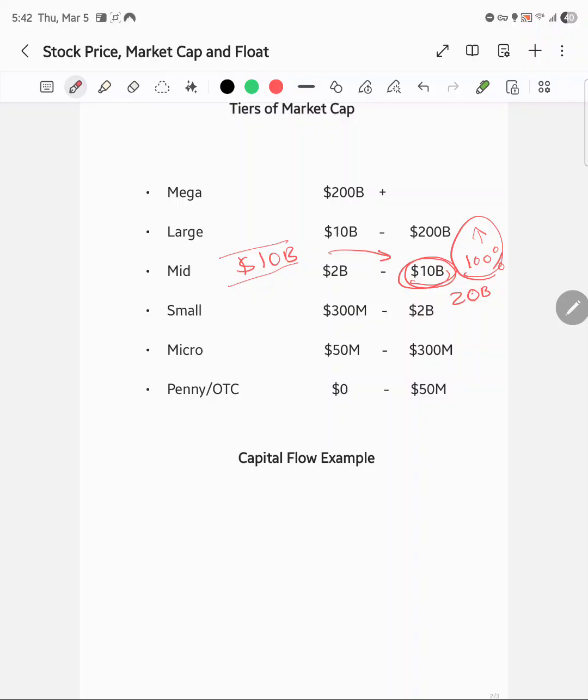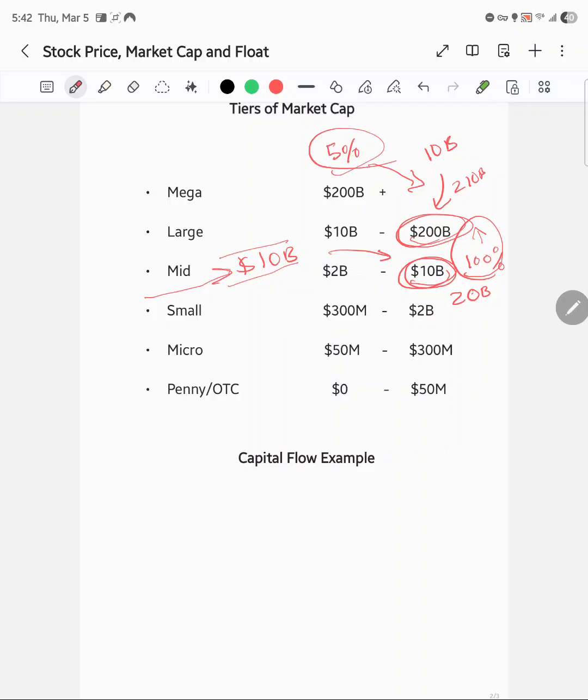But now let's say I take that same 10 billion and I put that in a large cap company which is worth 200 billion. If I put 10 billion in a $200 billion company, that company is going to go from 200 billion to 210 billion. That means that company only saw a gain of 5%.